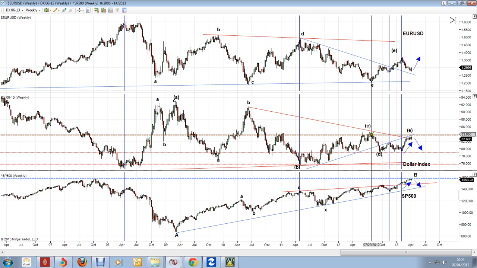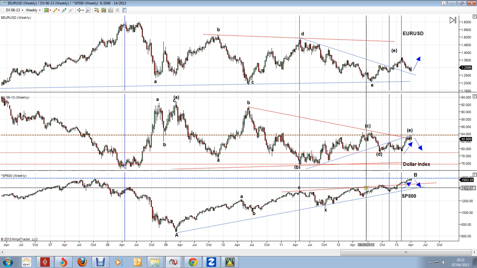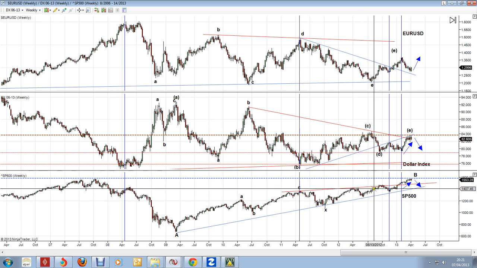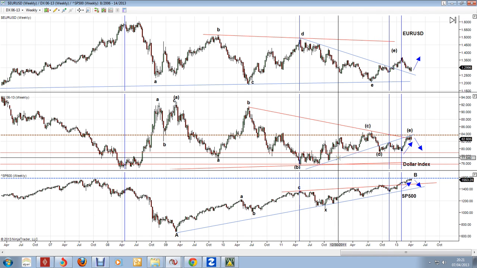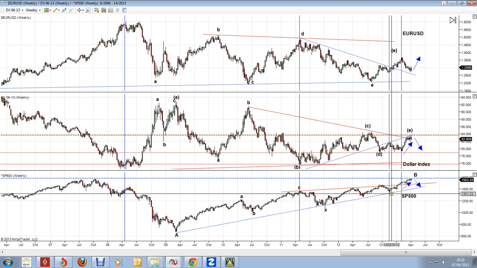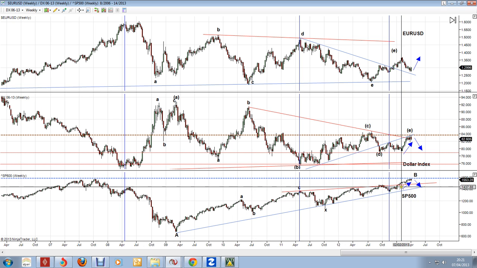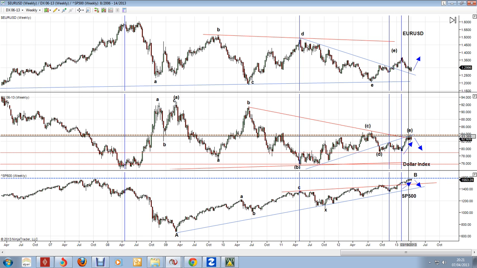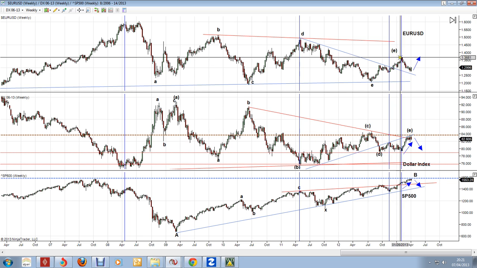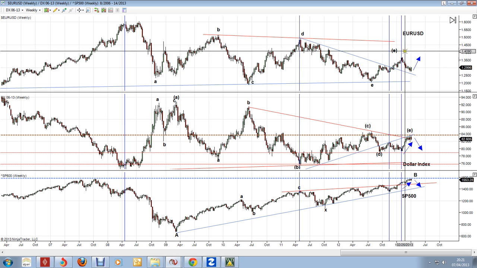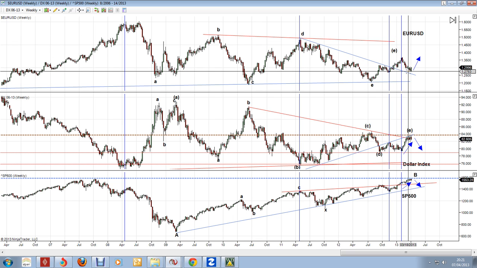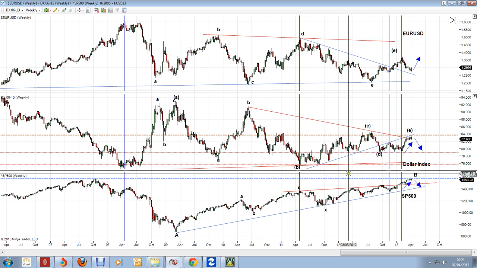Then the dollar index going sideways and falling and the equity going up. That's the normal relationship you would expect. But from February, broadly speaking, equity has gone up and the dollar index has gone up. And correspondingly, Euro USD has come down since the high of February.